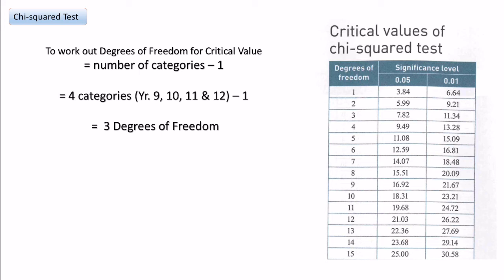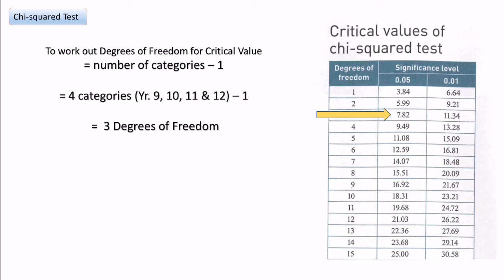That means I'm comparing to the critical value at 3 degrees of freedom. So I look on my table, and 3 degrees of freedom at the 0.05 significance, that is 95% significant, is 7.82.